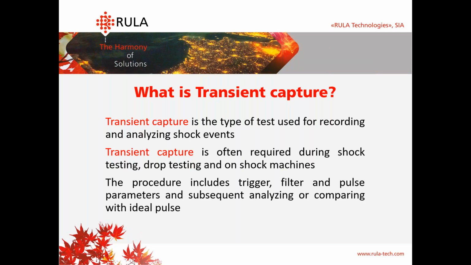This procedure includes trigger, filter, and pulse parameters and subsequent analyzing or comparing with the ideal pulse. Also, this feature may be very useful for shaker manufacturers. So let's continue.